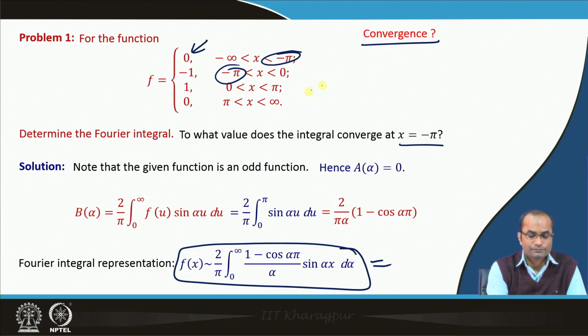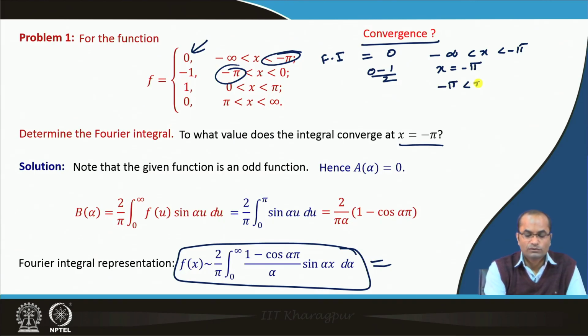For instance, in the range minus infinity to minus pi, the Fourier integral will converge to 0, and then at x equal to minus pi, it will converge to the average value, 0 minus 1 by 2, which is minus half. Then from minus pi to 0, it will converge to minus 1, and at x equal to 0, it will converge to the average value, minus 1 plus 1 by 2, which is 0.